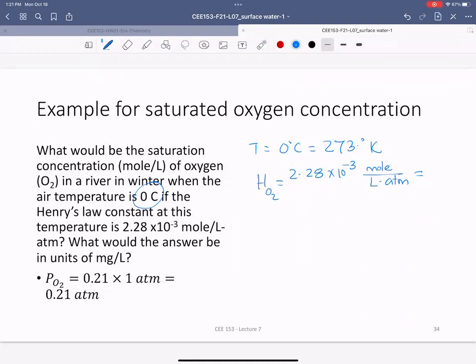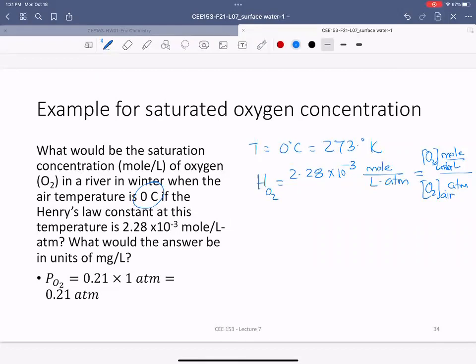So you can write this as moles per liter divided by atm, right? Moles per liter is the concentration of oxygen in water. So basically this is concentration in water divided by concentration in air.